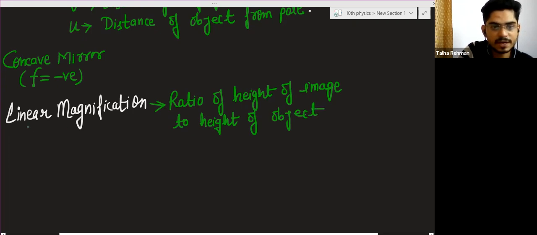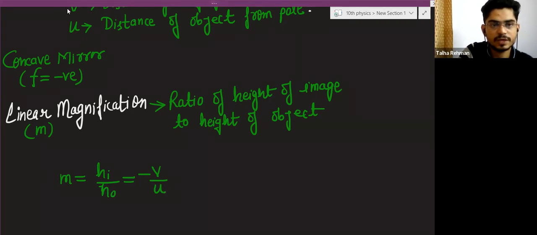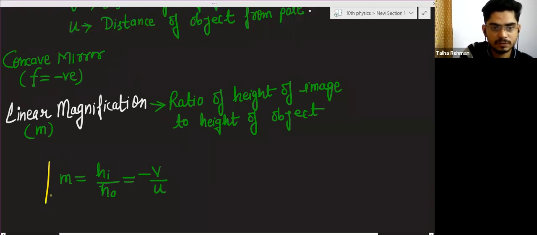And this linear magnification is represented by m. This m is equal to hi divided by ho, and this is also equal to minus v by u. This is also a very important formula.